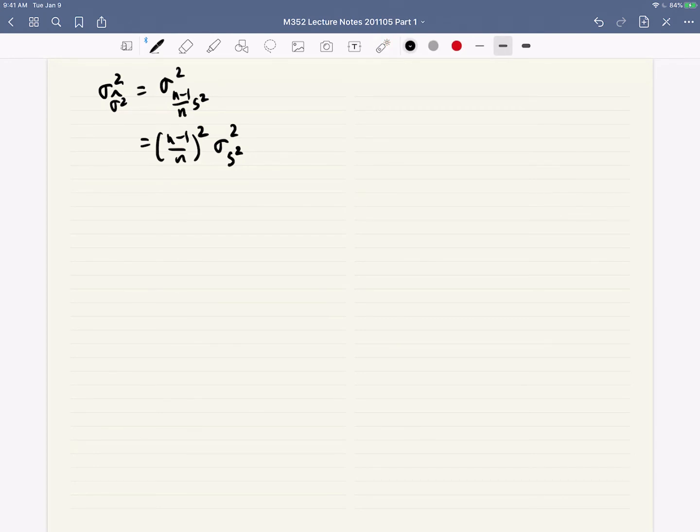I think our claim says the variance of our sample variance is 2 over n minus 1 times the variance to the 4th power. All right, cool. So that n minus 1 cancels with one of the n minus 1s up here, leaving that n squared unaffected. So I get 2 times n minus 1 over n times variance to the 4th power.